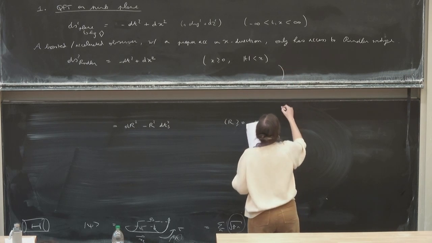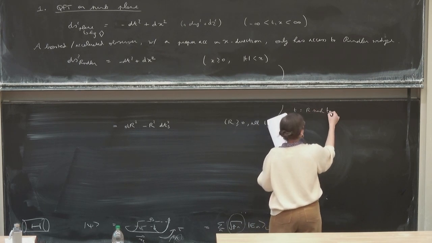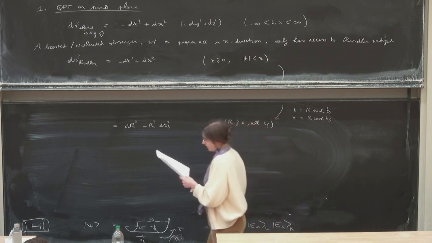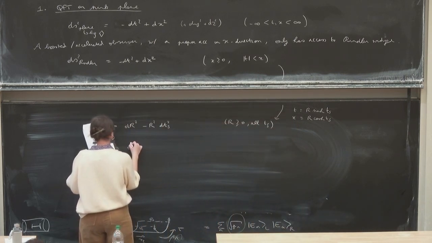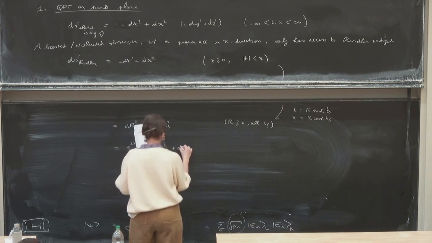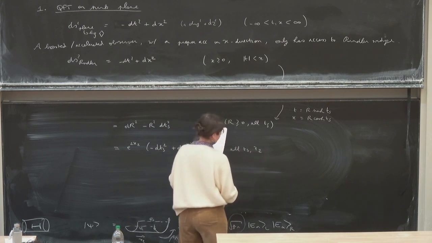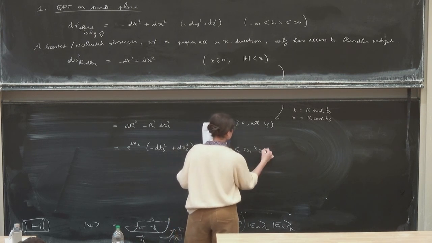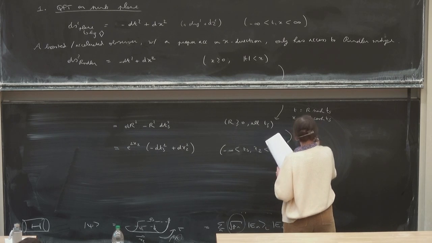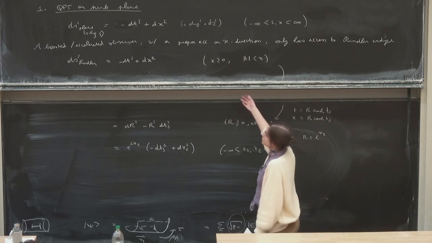So by doing the following coordinate transformation, okay, and in the last step I did one more coordinate transformation where I write r as the exponent of some x. Okay, so these are some different ways in which you can write the Rindler geometry.